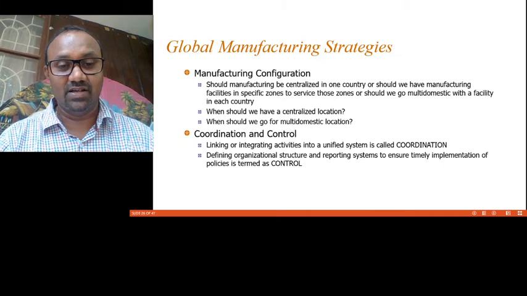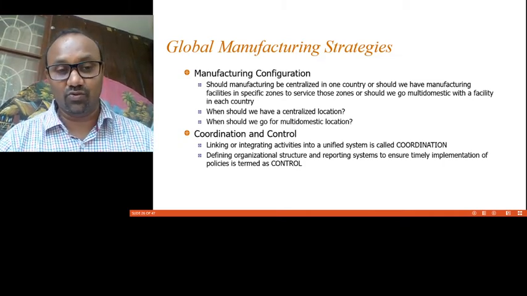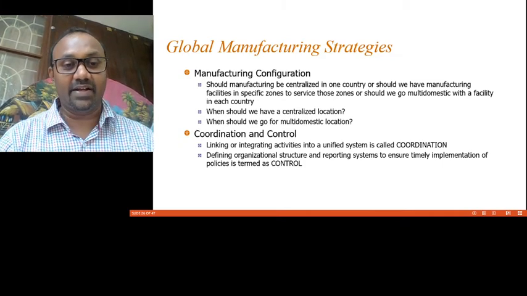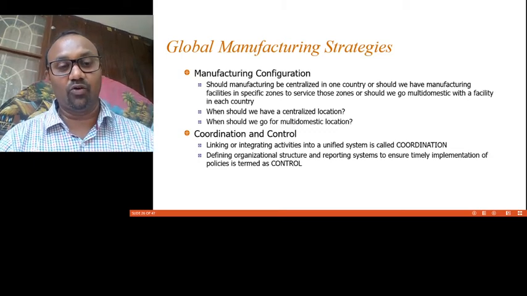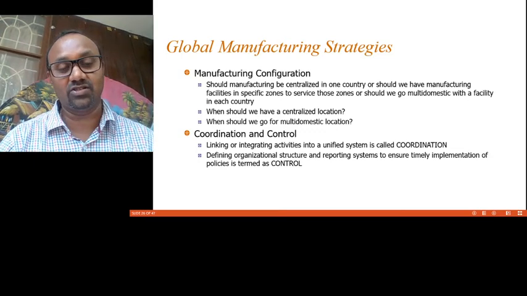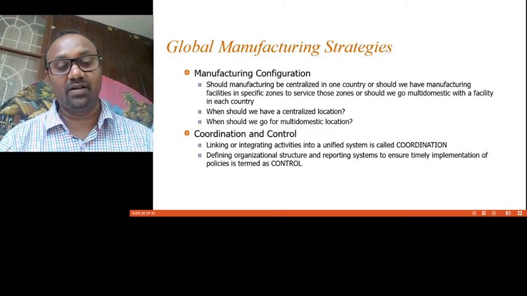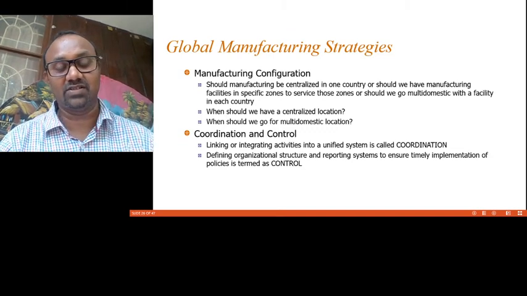So, as we've discussed, the different types of organization structures could be a functional structure, an international division structure, a global division, a product area structure, a global market division structure, or a matrix structure.